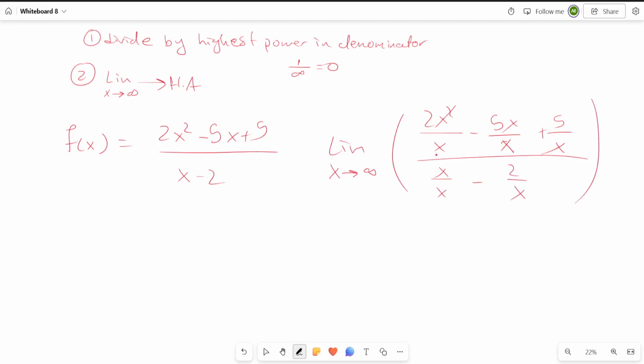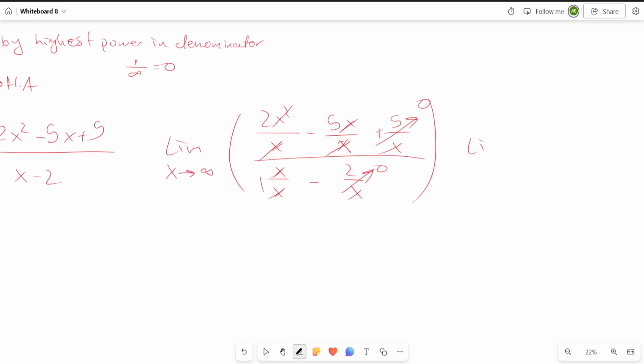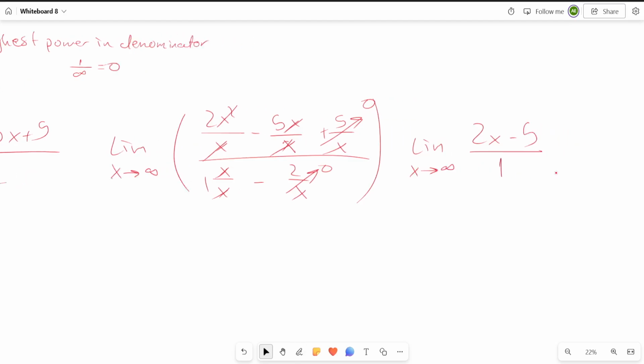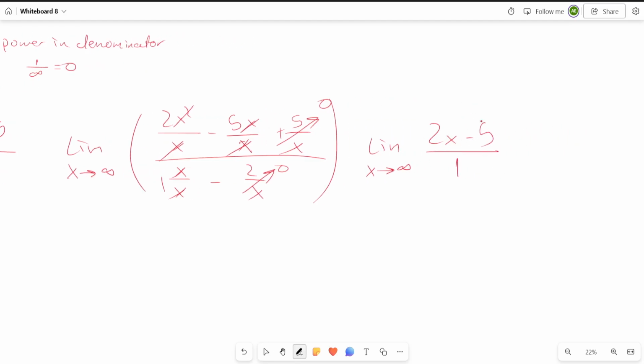So this is basically 2x, this is 5, this is going to be 0, this is going to be 0, and this is going to be 1. So my limit as x approaches infinity is going to be 2x minus 5 over 1. Again, taking this limit doesn't give me an actual value, so no horizontal asymptote.